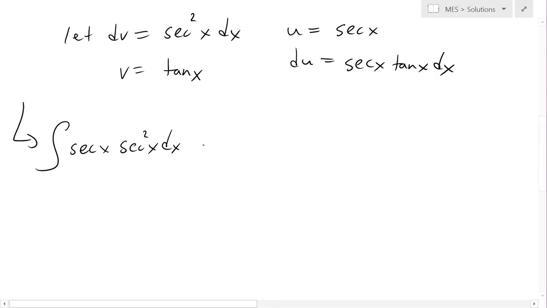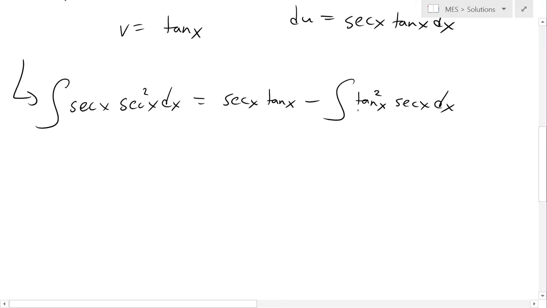This equals u, which is secant of x, times v, which is tan of x, minus now the integral of v, which is tan of x, and now we have our du, which is secant x tan of x dx. So we'll just square the tan and put a secant x dx right here.